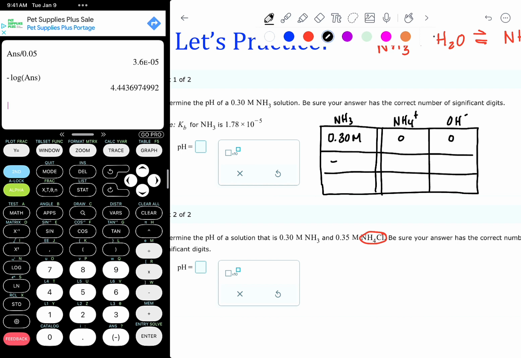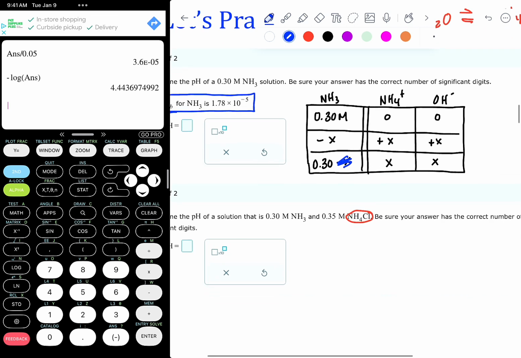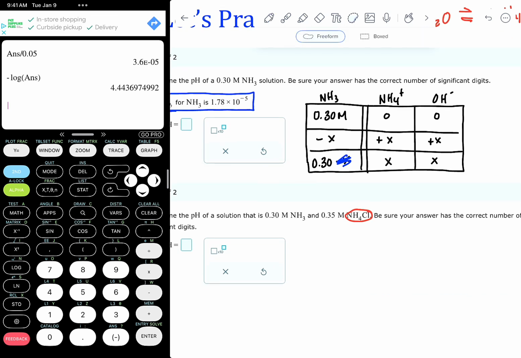Then we know that this is a weak base, so it's going to be minus X and plus X, leading us to 0.30 minus X, and X. We can see that the Kb value for NH3 is small enough that we can omit this X value. So we can use that to set up our Kb expression and solve for X. Before we do that, let's just write out our ICE table for our second problem here.